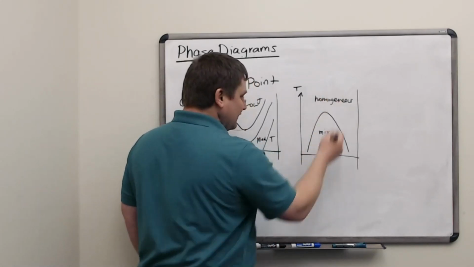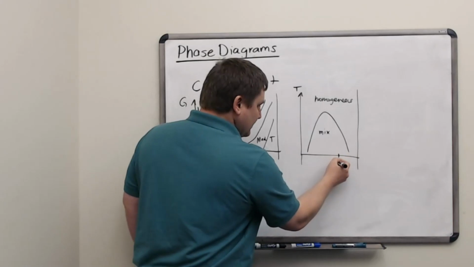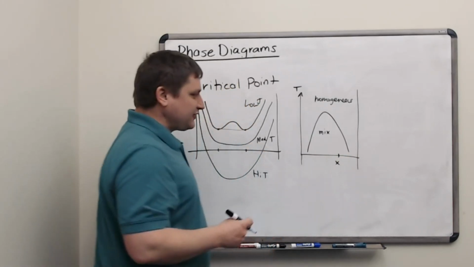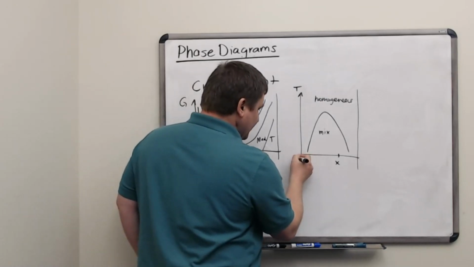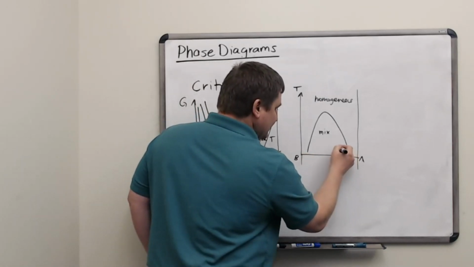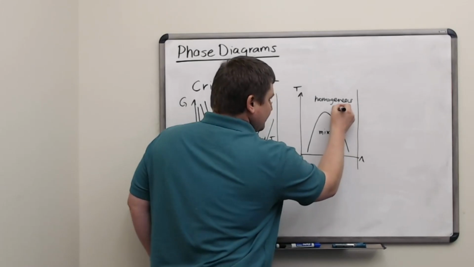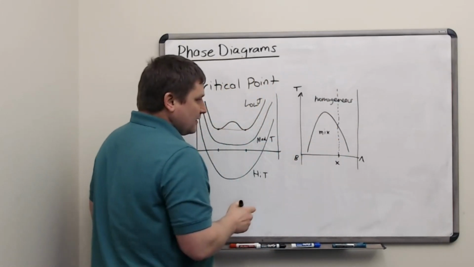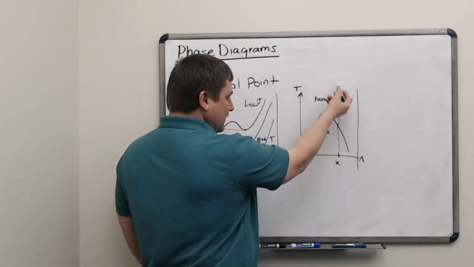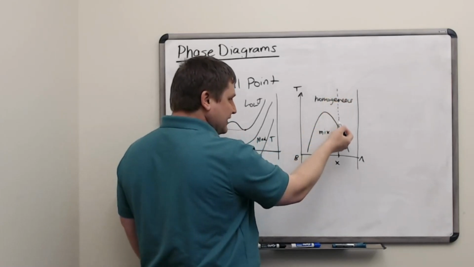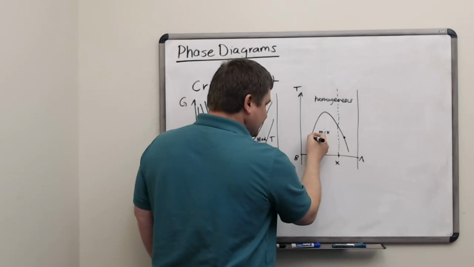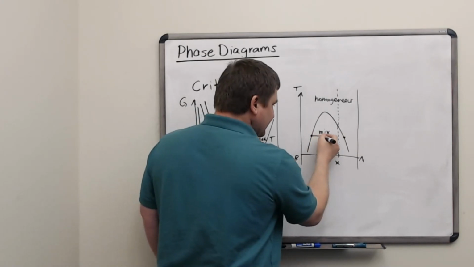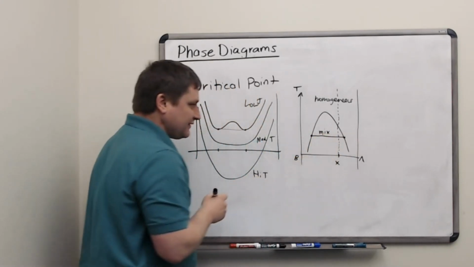So what this means on the phase plot is if we set up a mixture with a certain percentage of component A and a certain percentage of component B, then it must always live along this line. As we lower the temperature from way up high, it stays homogeneous until it reaches this boundary. And then at this boundary it splits into two different substances that are mixed together inhomogeneously.